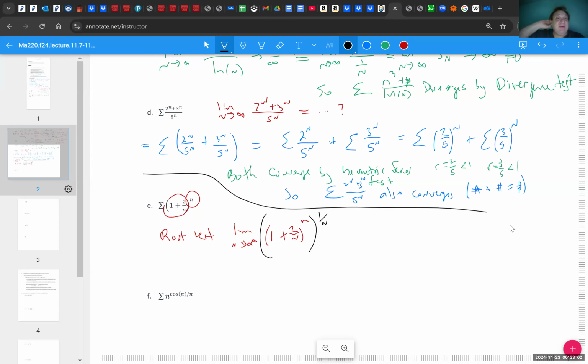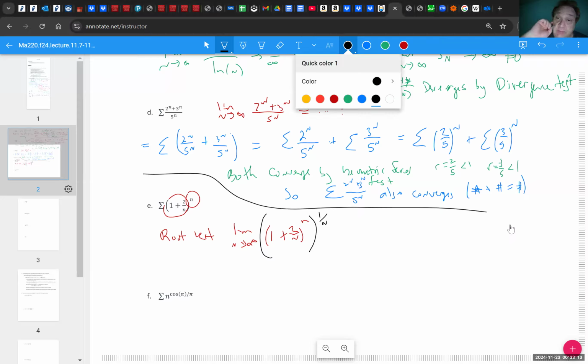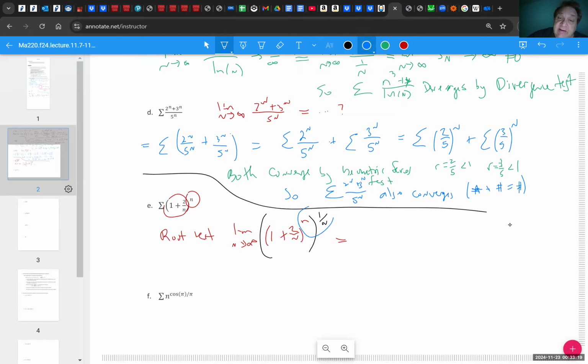So yeah, the root test, we're just doing our original series to the 1 over n, doing the limit of that sequence, and we see if we get an answer not equal to 1, just like with the ratio test. So what do we get here? Well, what's nice is that the n and 1 over n will undo each other because they multiply to equal 1.